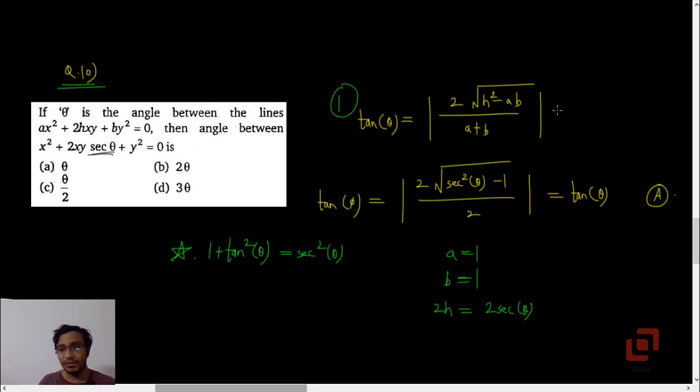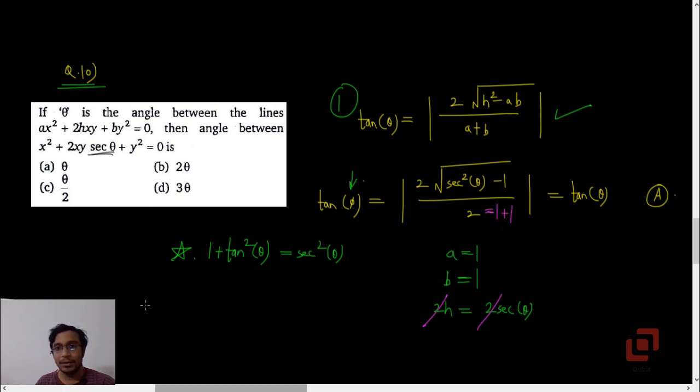So once you put these values in the equation for tan theta, now I have called that angle as phi because we are not yet sure whether it is equal to theta. Okay, so tan phi is equal to mod of 2 root sec squared theta minus 1, because if 2h is 2 sec theta, h will be sec theta, and both a and b are equal to 1, so sec squared theta minus 1's root upon 2, a plus b, 1 plus 1.